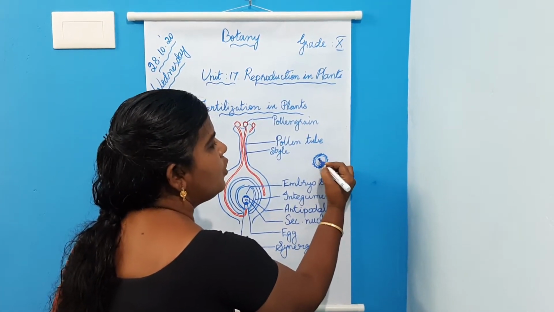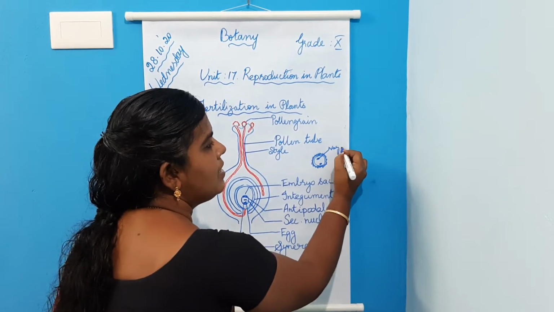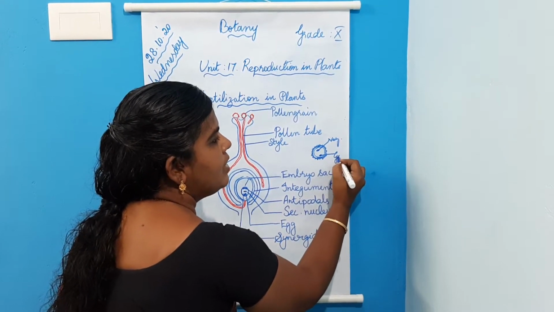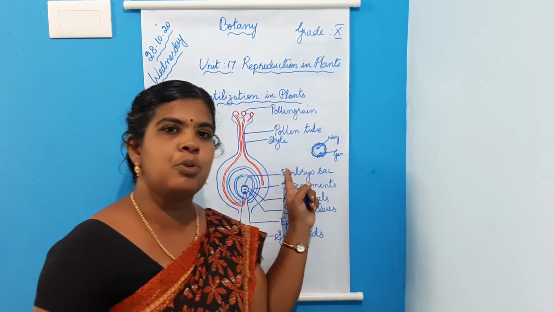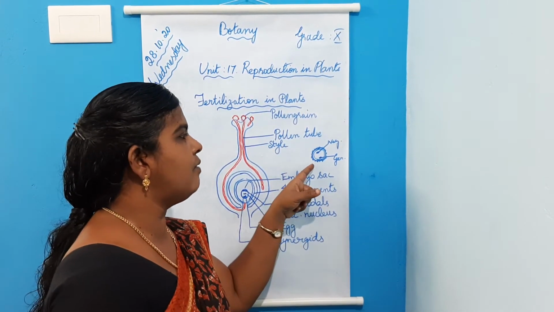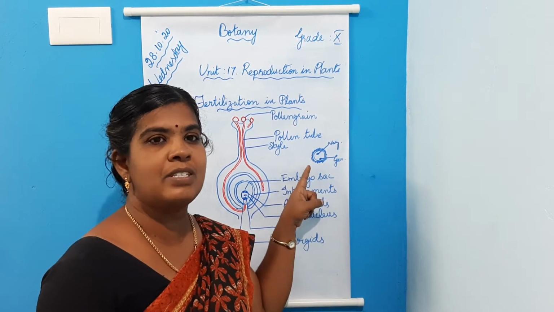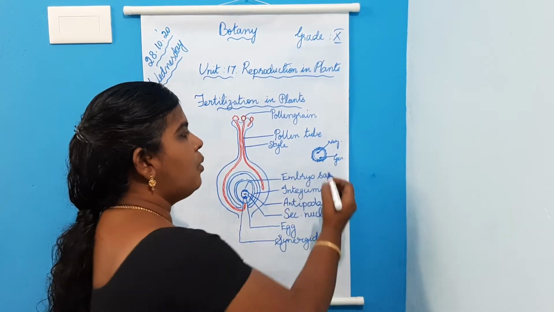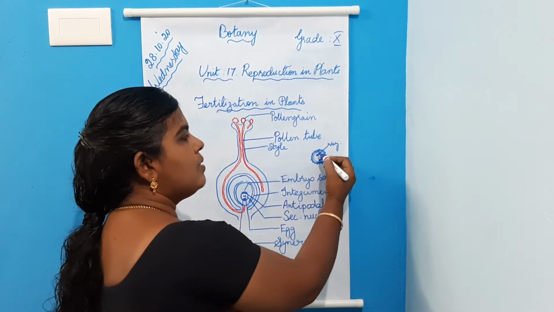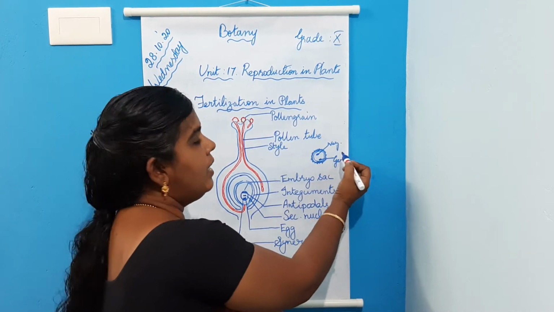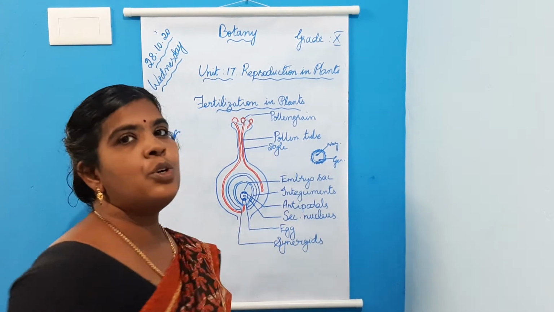It encloses two nuclei, one is the vegetative nucleus, another is the generative nucleus. Outer exine, which is thick, and inner intine, which is thin. And this outer exine is provided with a germ pore. So it encloses two nuclei, vegetative and generative.